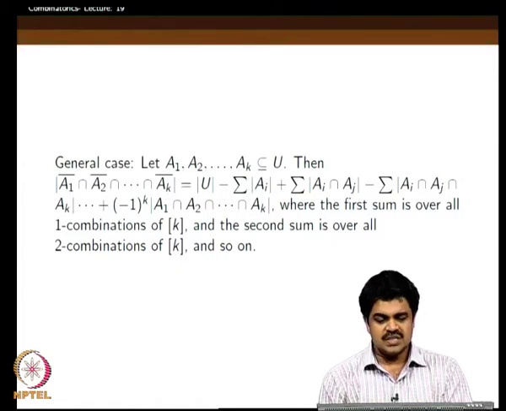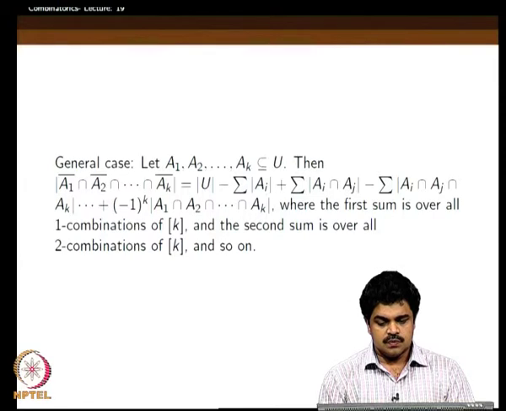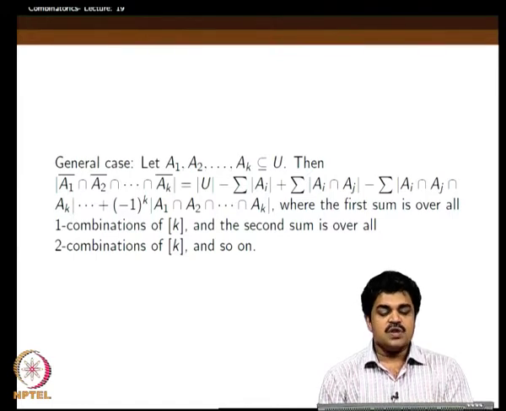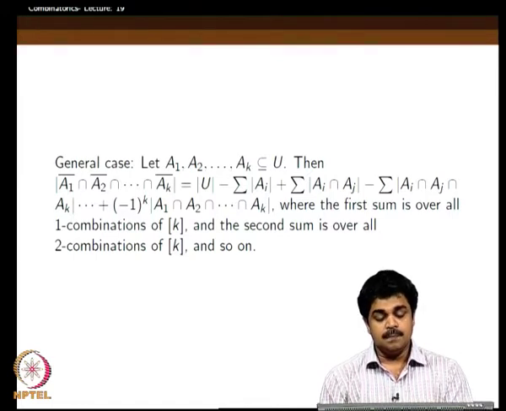We are considering finite U, and what we are interested in is the number of elements in U minus A1 union A2 union A3 up to AK, or in other words, how many elements are there in the complement of A1 union A2 union up to AK.